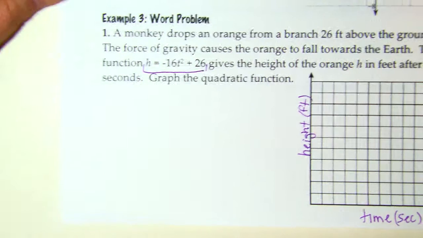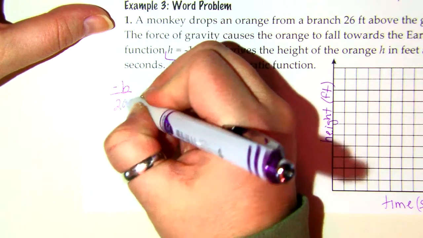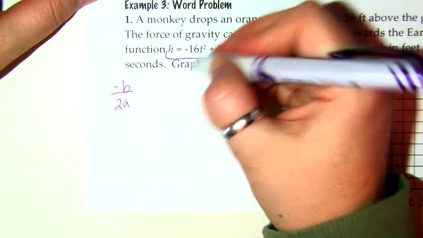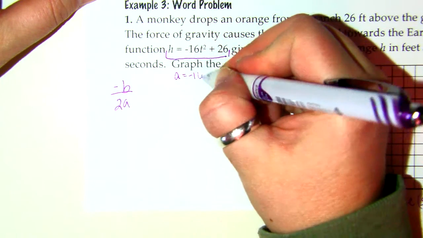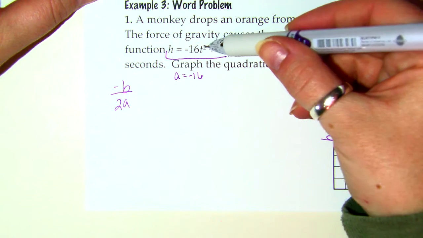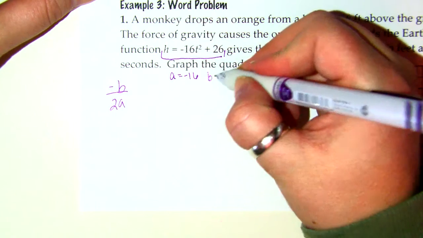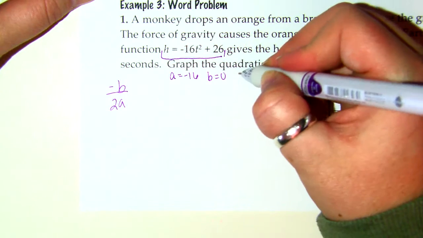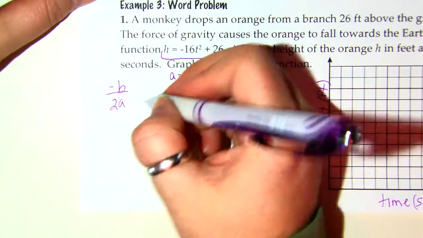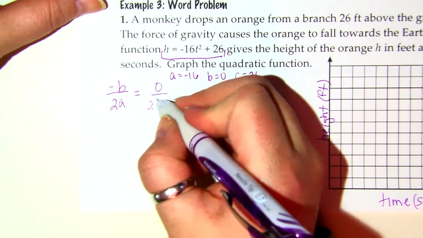So we have to start with the AOS. So the formula, again, negative b over 2a. So the a is negative 16. The b doesn't exist because there's no variable here by itself. This one's t instead of x, but it's the same thing. So there's no t here. So b is 0. And then the number that does not have a variable on it is the c. So our axis of symmetry is 0 over 2 times a.